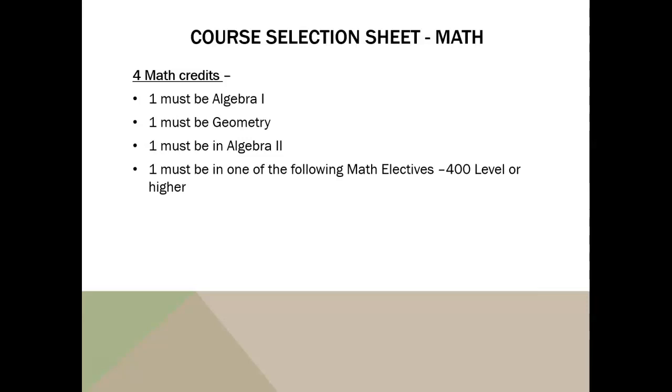Advanced Quantitative Reasoning is at a 500 level. So students who struggle or need a refresher should take AQR. And most students will take geometry. Students who took geometry and have not taken Algebra 1 should take Algebra 1.